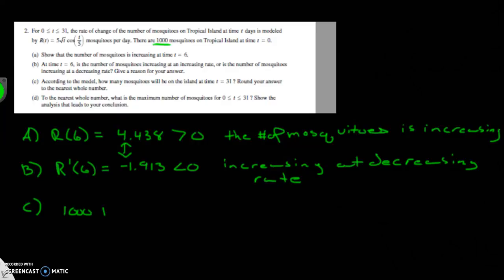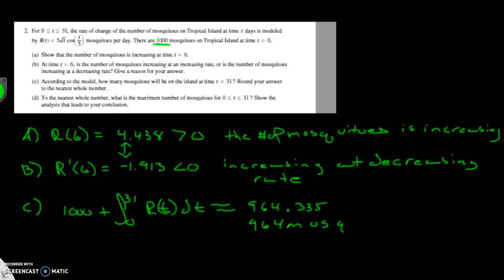So you do 1,000 plus the integral from 0 to 31 of r(t) dt, which will give you about 964.335. So 964 mosquitoes. Okay, so far so easy.